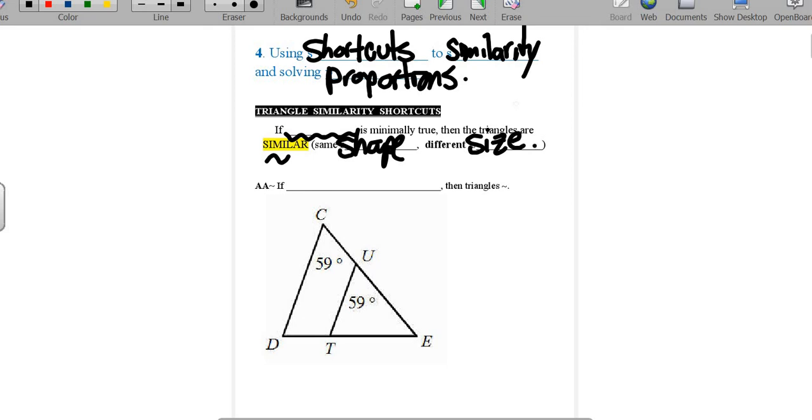And there are 3 shortcuts to similarity that you need to be familiar with. First one is if you have 2 angles congruent, then the triangles are similar. Let me give you an example here. If you have 2 different colors, that's a wise choice right now. Let's trace this triangle, pull it apart.